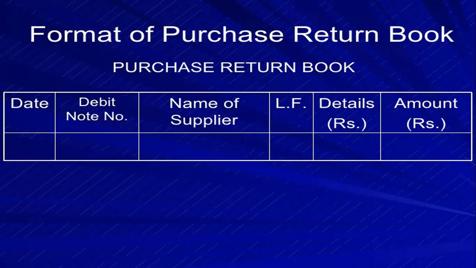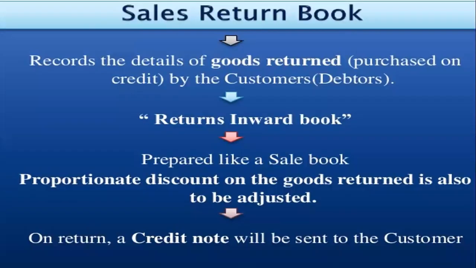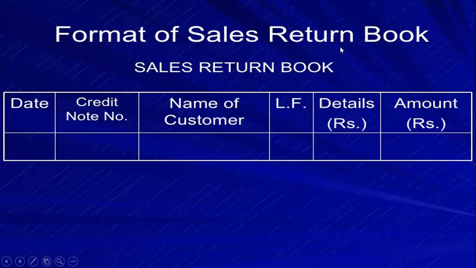Likewise, we have sales returns. Here also, when our customer is not satisfied with the quality or if there is any minor defect, it may happen that the customer will return the goods to us, and that returns book is maintained. The sales return book is also termed as return inwards, and they are to be adjusted and their evidence is also to be maintained.